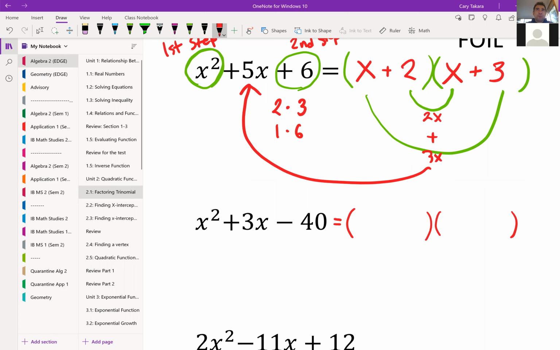What's the first step? What did I say? Let's try to remember the step here. The first step is to account for this x squared. How do you get x squared? There's only one possibility. It has to be this x and x.